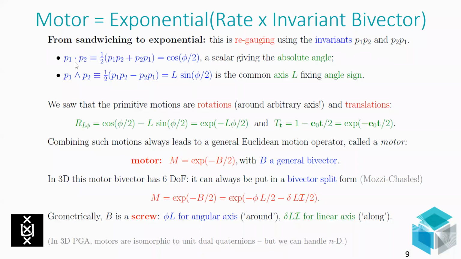And that means you can form combination invariants. Well, we've seen that if we add those two, we get the dot product. So that's like the cosine of the angle between the two planes, if I talk about a rotation. And I can also take the antisymmetric product, and that produces the line. That's the other thing that's invariant.